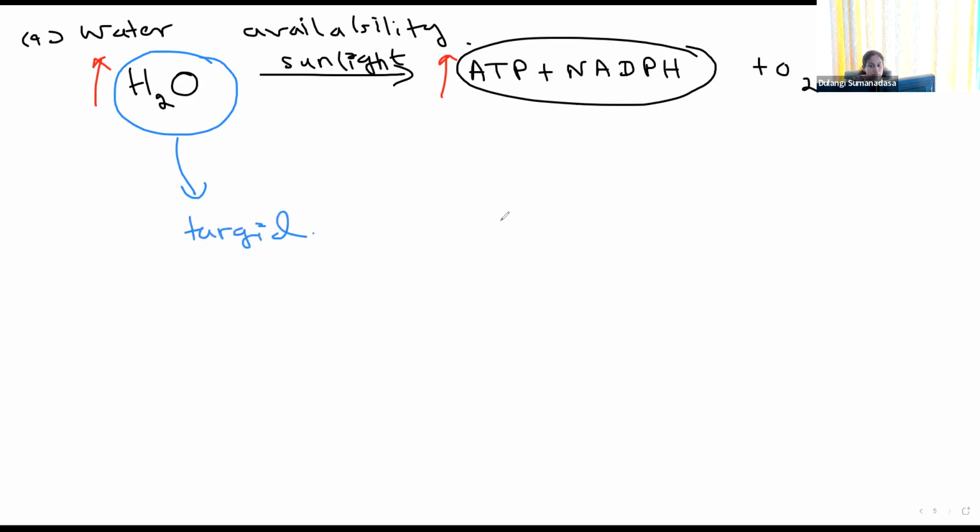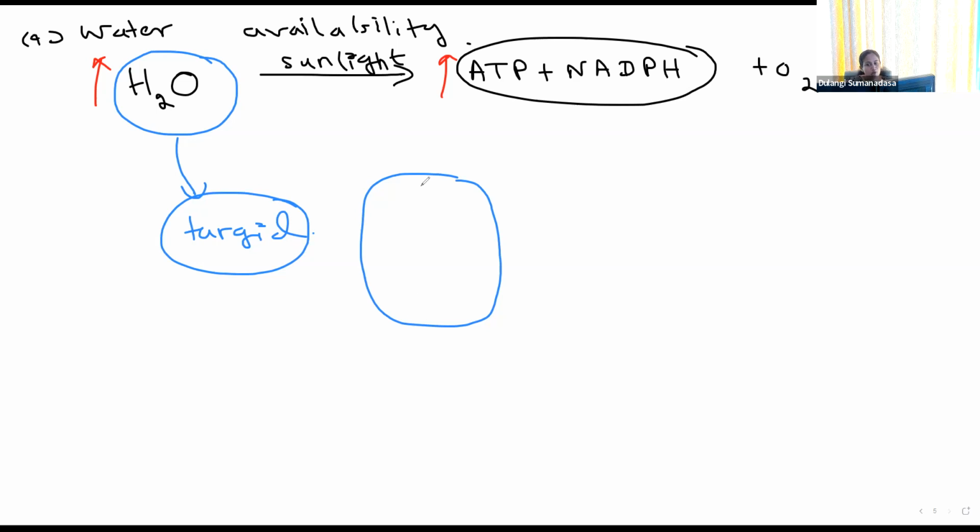Can you remember this term? A normal, well-watered plant cell needs to be under turgid conditions always. If the plants are under turgid conditions, it means there's plenty of water already available inside the cell.